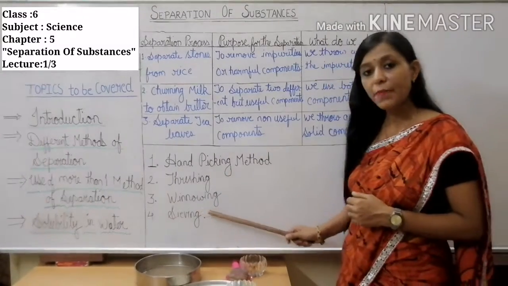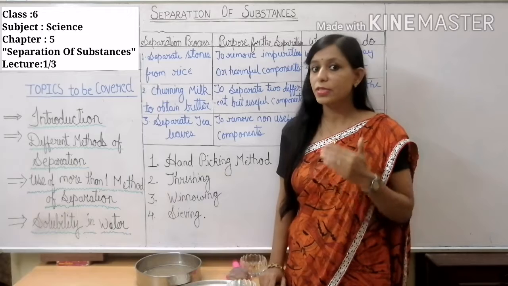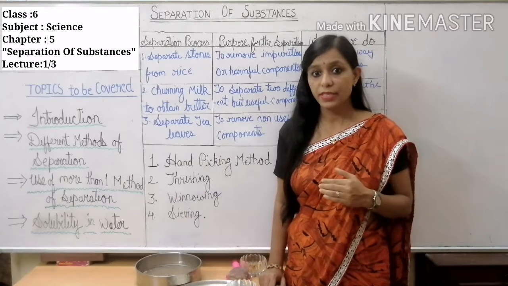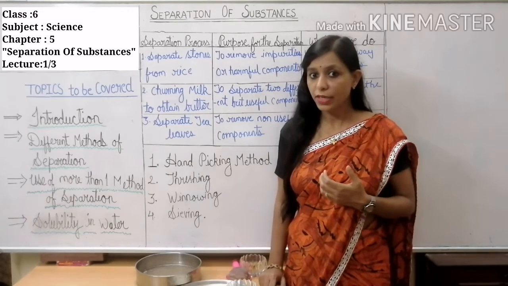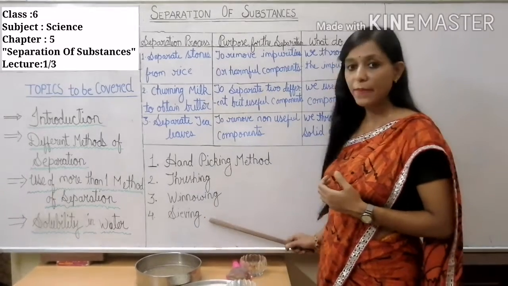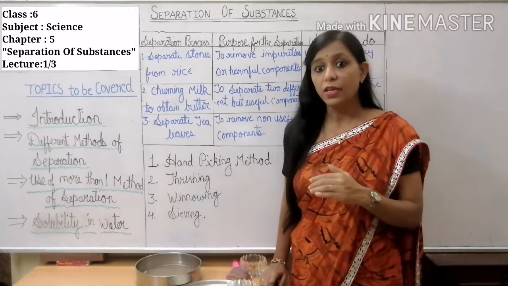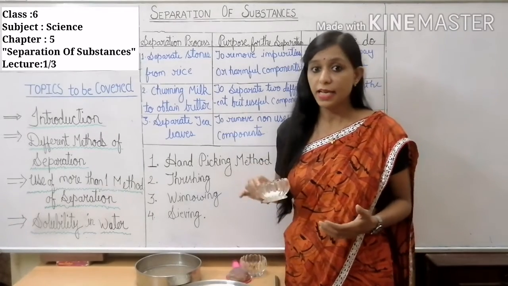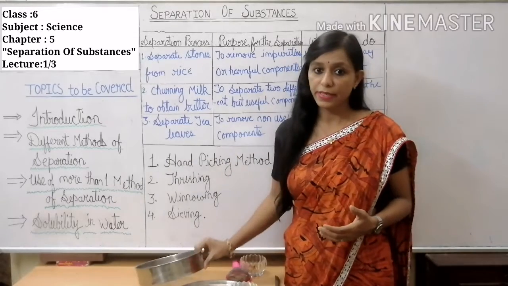Then we discussed winnowing, which is used to separate heavier and lighter components of a mixture with the help of blowing air. And we have learned about sieving, that separation can be done on the basis of different sizes by using a sieving plate.